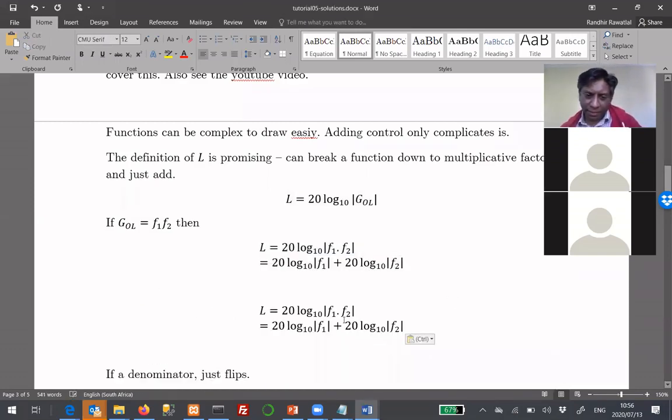Let's say, on the other hand, that this was F1 divided by F2.